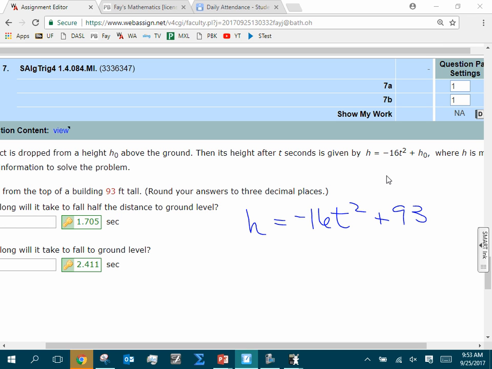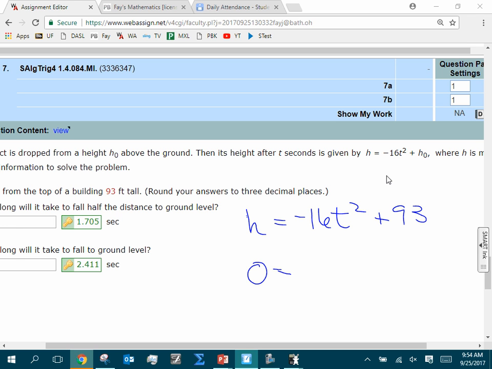Now it says how long will it take to fall half the distance to ground level. Half the distance would be 93 over 2, right? So I put that as 93 over 2, and I use my quadratic formula to solve for t. How long will it take to fall to the ground?